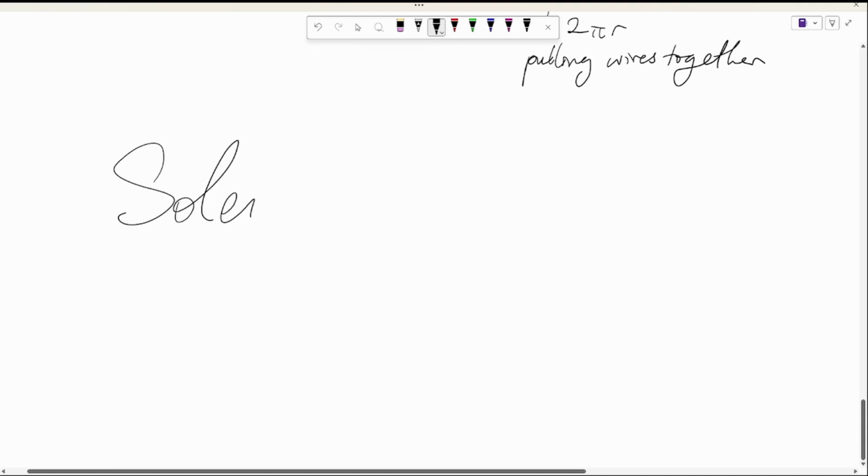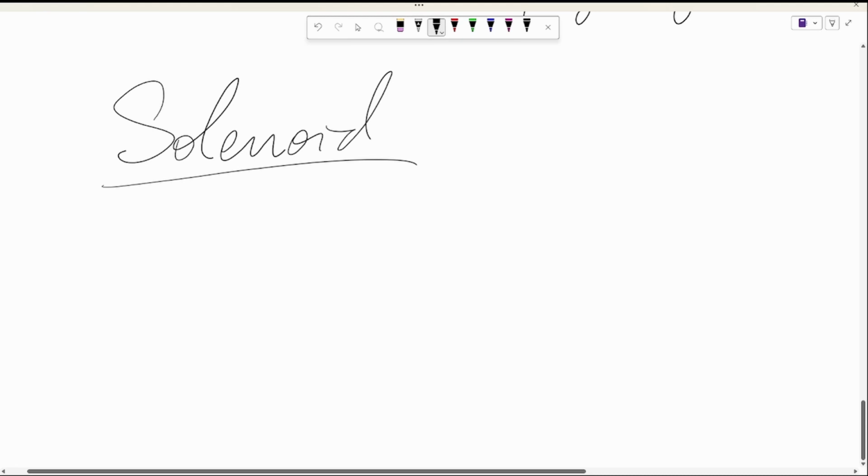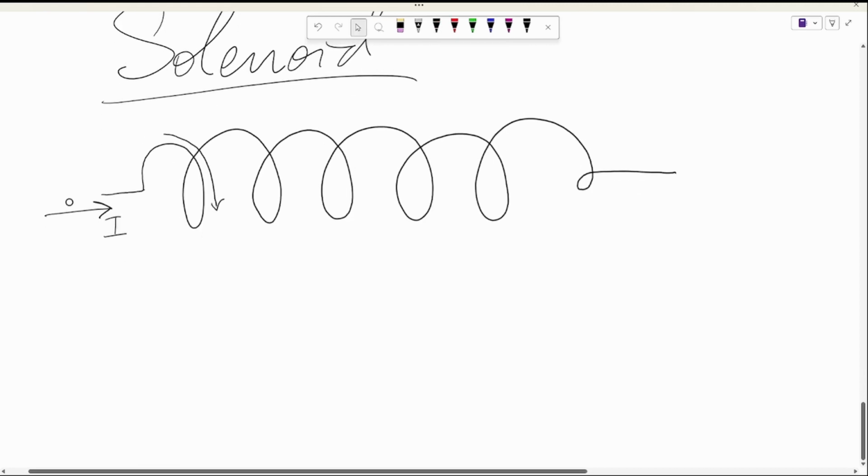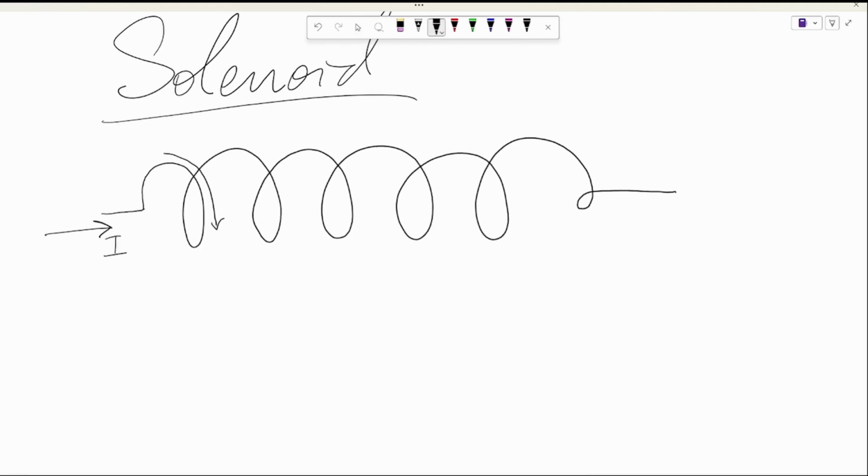So, for a solenoid. Drawing is hard, but let's say we have this solenoid like this. Current is flowing in this way, around these loops. Now I'm going to draw this again, slightly differently.